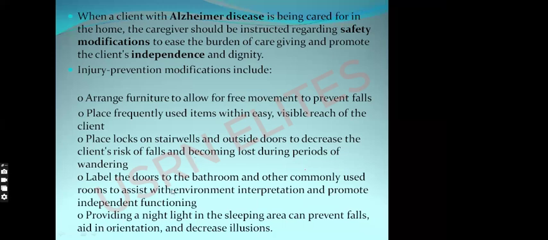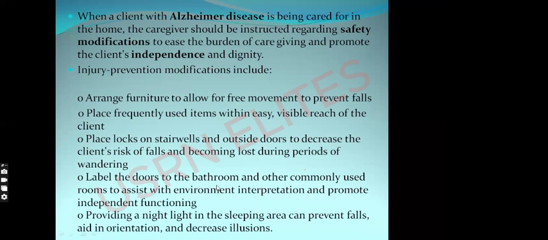You have to label the doors to the bathroom and other commonly used rooms to assist with environment interpretation and promote independent functioning. So you don't always have to hold the patient's hand and walk him or her to the bathroom. Sometimes you can do some of these things to help.